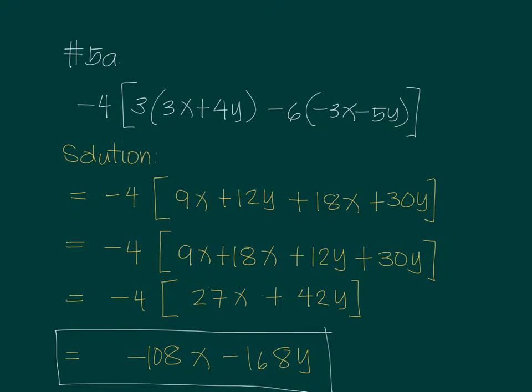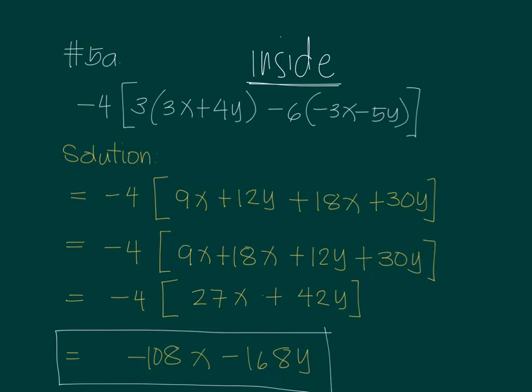When we say work from the inside, there are grouping symbols that you could see. So simplify first the expressions inside those grouping symbols. Do not touch negative 4 yet, do not multiply that yet. You do that as the last step.